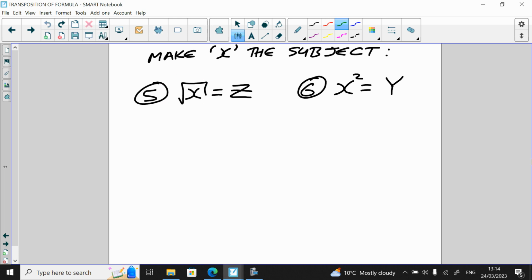So square root of x equals z, so x is just going to be z squared. x squared equals y, x is just going to be the square root of y. And I think I'm just going to leave it there. I'm sure you can cope with that. If not, then cover up either the left hand side of the page or the right hand side of the page, and vice versa.